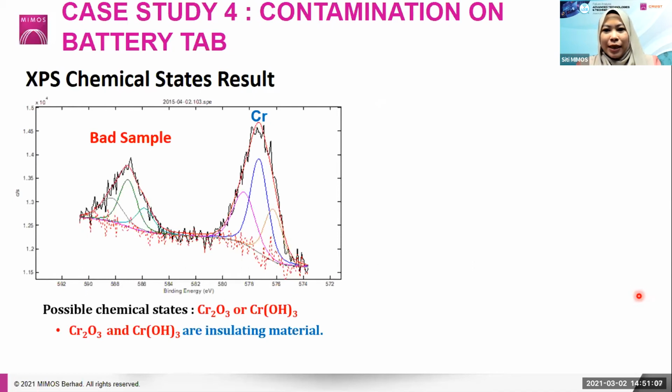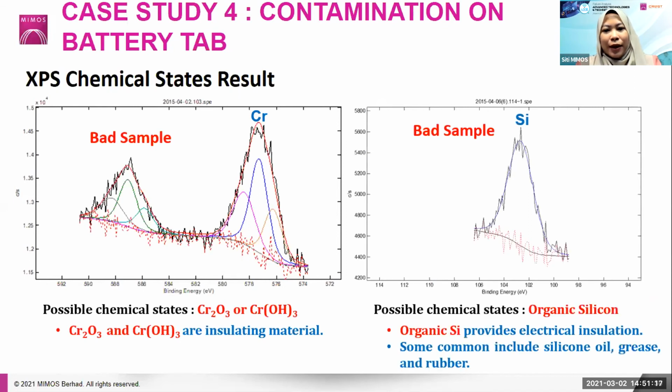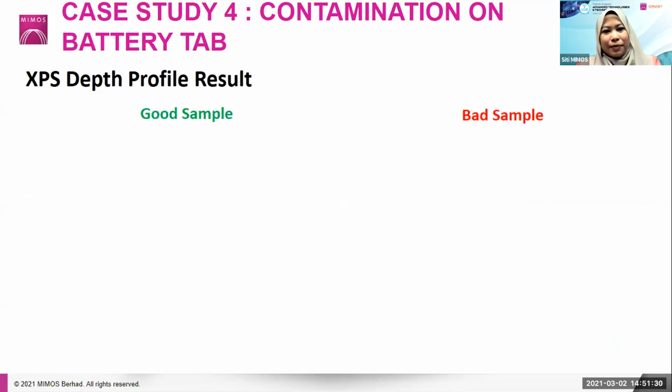So these two candidates could explain why we have high resistance issue on the sample because they are insulating material. And for the silicon binding energy, we observe the possible organic silicon information here. So this is also another candidate that could cause high resistance issue on the bad sample.